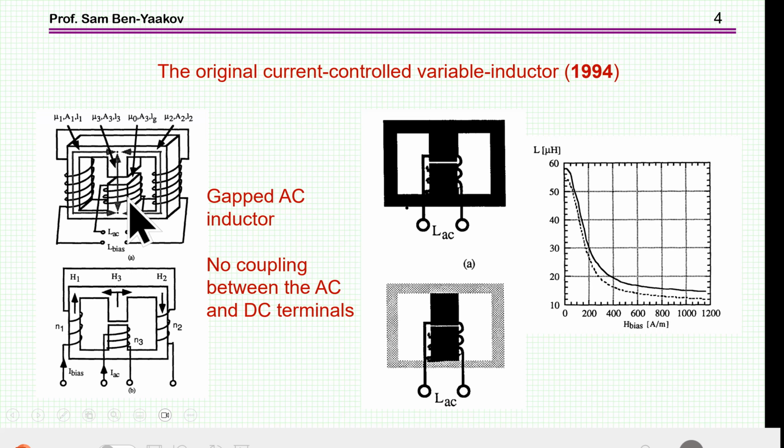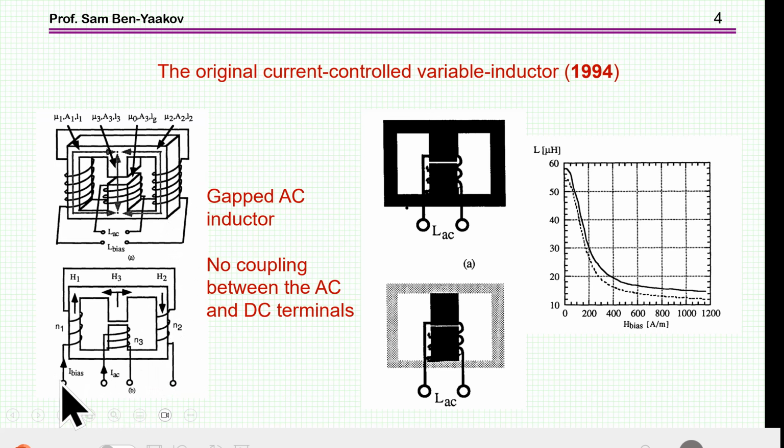It is built around a double E core. We have here the AC winding for the inductor, and then we have two DC windings for the bias. Now, since the flux of the AC is going this way and then in this way, when these are connected in series, so as to support each other, the AC voltage sort of cancels out because the polarity here and here are opposite.